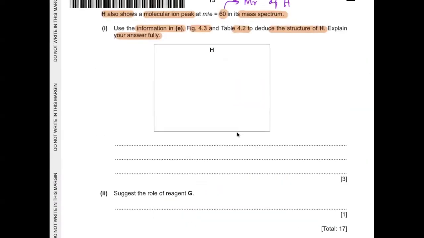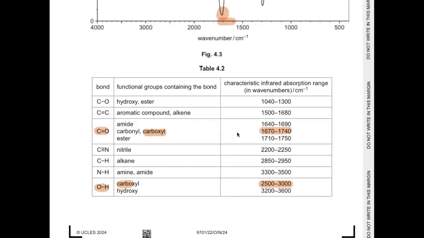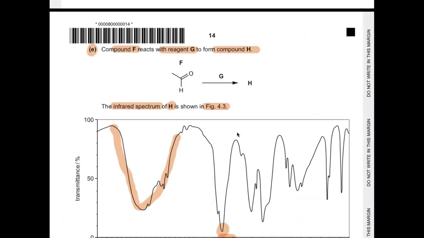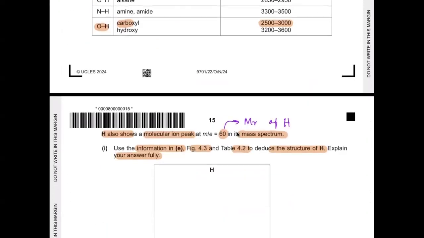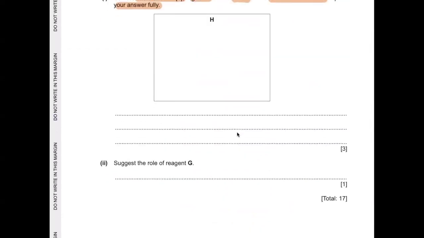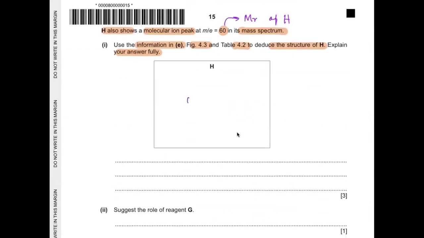So it clearly indicates that G is an oxidizing agent like acidified dichromate. As a result, this aldehyde turns into a carboxylic acid, ethanoic acid. So if it's an ethanoic acid, let's see how we will further justify it.